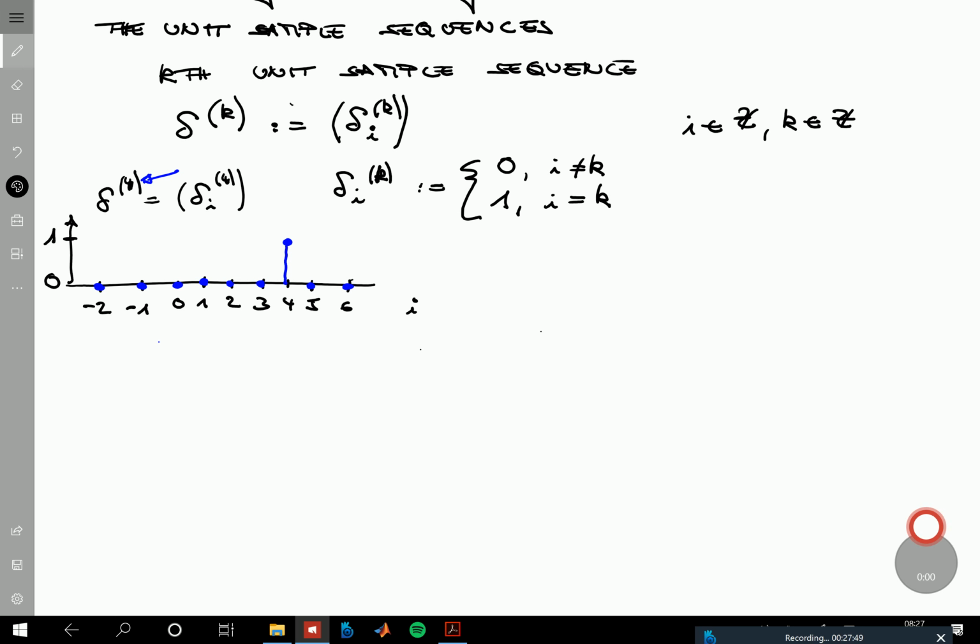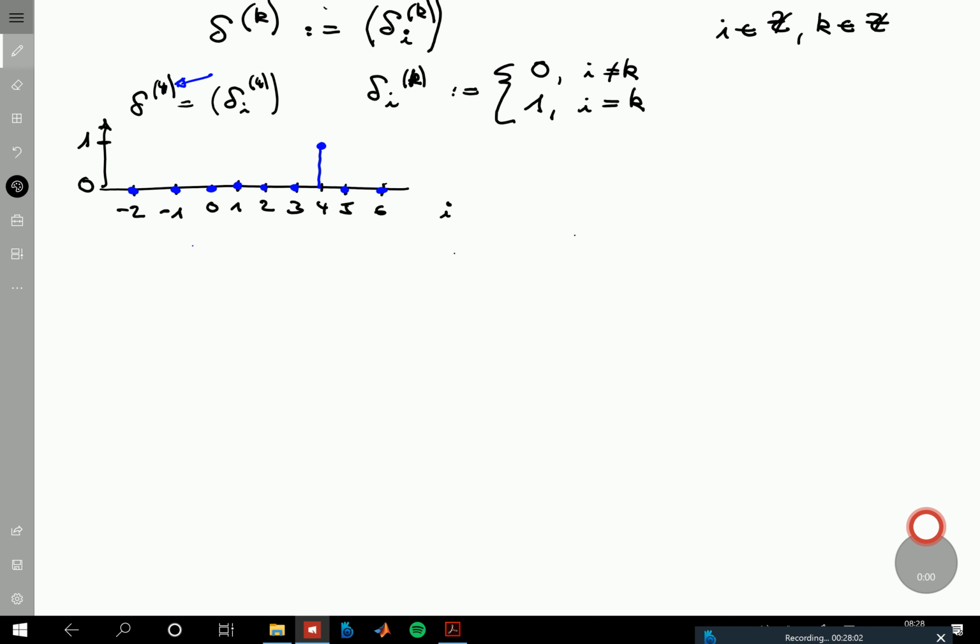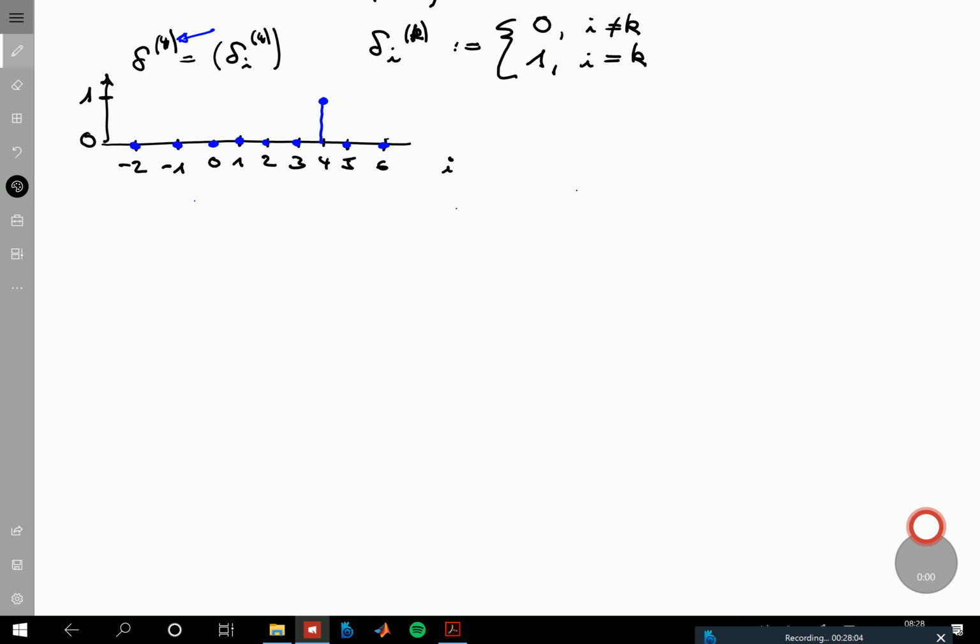Good, and based on this and the notion of adding sequences, we can also already establish one important thing, namely that we can write all infinite sequences as sums of weighted unit sample sequences.